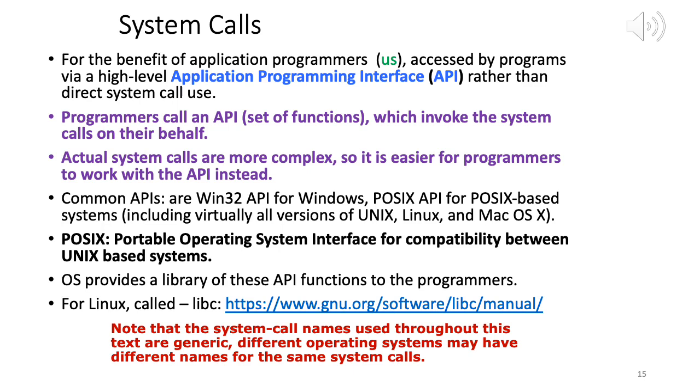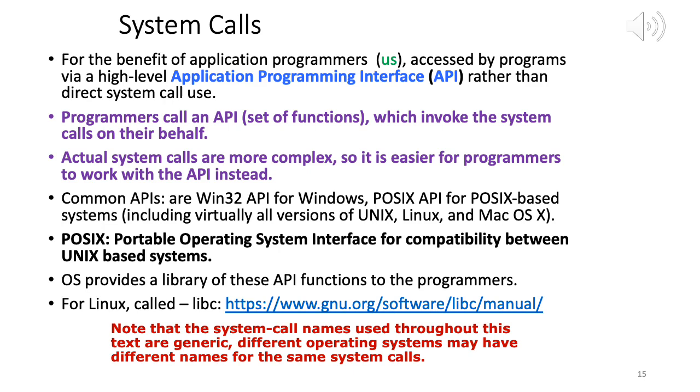A wrapper function is a piece of C code, a C function call, that we add in a program. That is part of the API. Those will in turn invoke the system calls. So programmers call an API, a set of functions in a high-level language like C, which in turn invoke the system calls on their behalf.